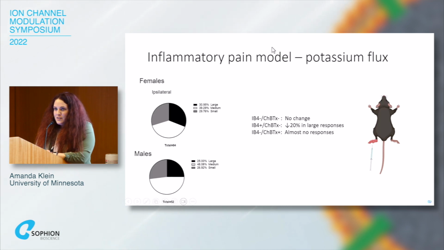For the IB4 positive neurons, there's about a 20% decrease in the large responses to potassium. And in the cholera toxin B positive population, we can't really find any responsiveness to diazoxide anymore using an inflammatory pain model. So this is obviously ongoing.